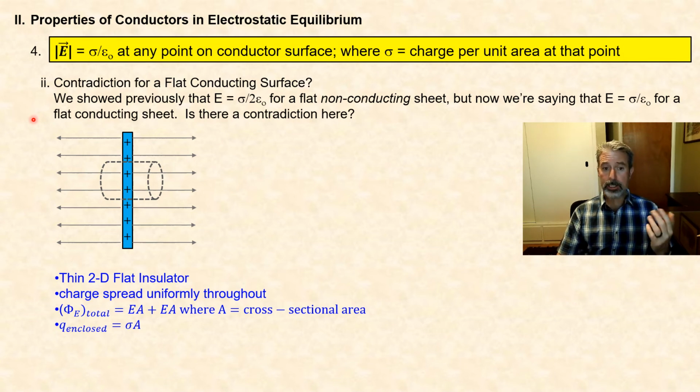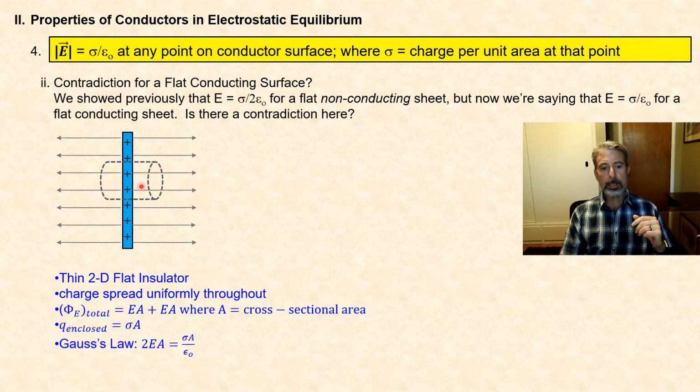And when we calculated the charge enclosed by our Gaussian surface, remember this was so thin we could consider it to be a two-dimensional non-conducting sheet. So the charge density sigma times the cross-sectional area here would give us the charge enclosed. That is the charge per area times the cross-sectional area, sigma A.